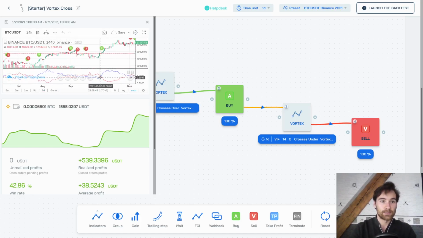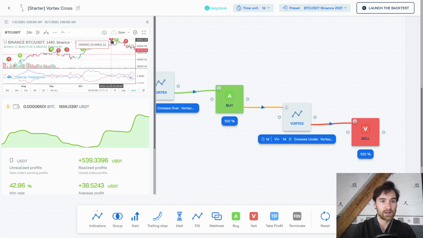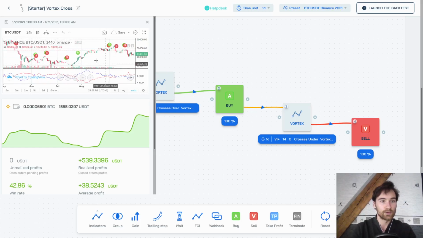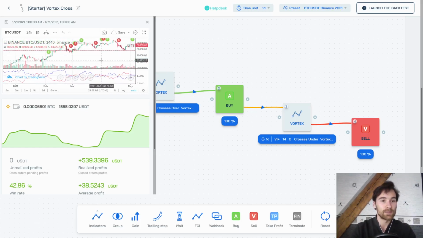So like for example here in October we had a buy signal here when the VI plus crosses over the VI minus, the sell signal here. So here is an interesting trade, and we can see the full year like this with buy signal, sell signal, every time there's a cross over or cross down with the Vortex.